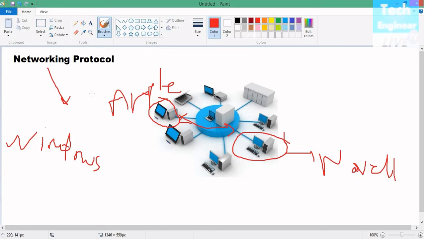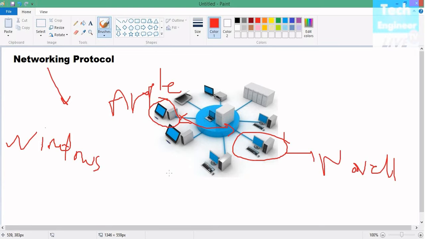So I hope you learned something about networking protocols. Though we are not going very deep on protocols, this is why a protocol is required. A protocol is a kind of rule set to communicate with each other.